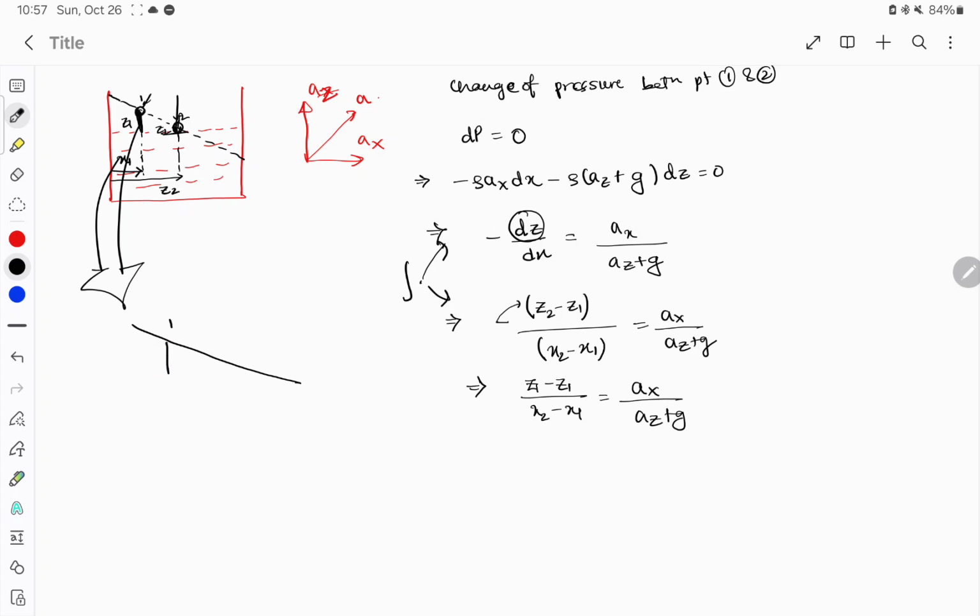This was 1, this was 2. This was x1, this was x2. If I say this is z1, this is z2, then z1 minus z2 is this, and this is x2 minus x1.